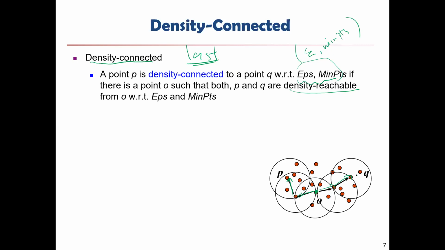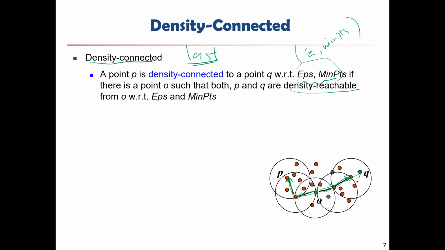But if you have to travel along several points and reach a guy who is maybe 3 hops away in your neighborhood, then you call it density reachable, not directly density reachable. So in this picture, P is density reachable, and Q is also density reachable.